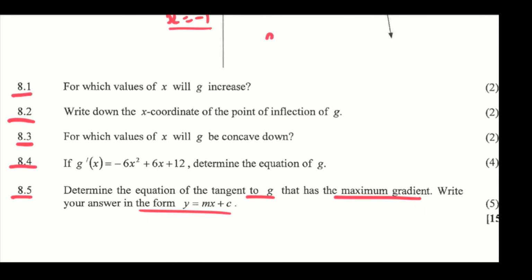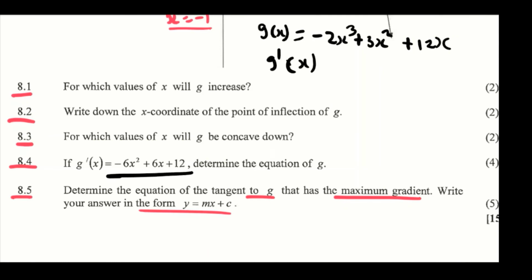Let me first write g of x. g of x we found in the previous question to be minus 2x cubed plus 3x squared plus 12x. So the g prime of that is this value here. It's just going to be minus 6x squared plus 6x plus 12, right?